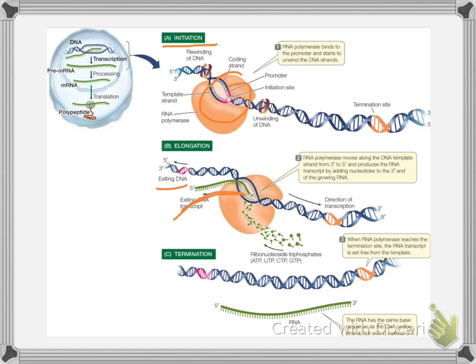When the RNA polymerase moves ahead on the DNA, the double strand will unwind, and after the transcription it will rewind.